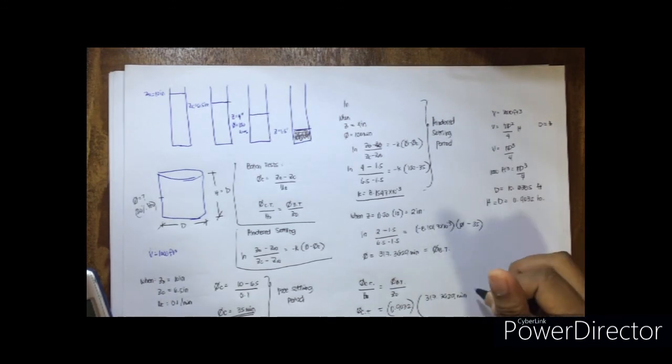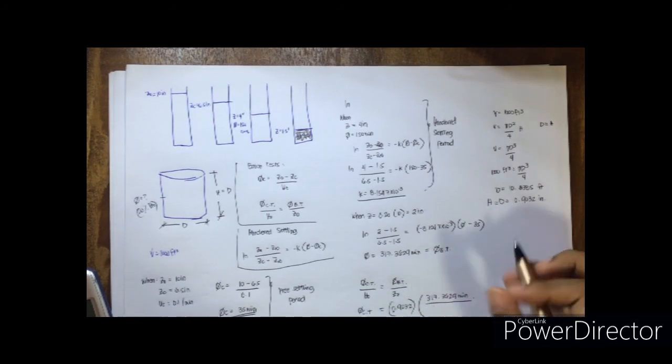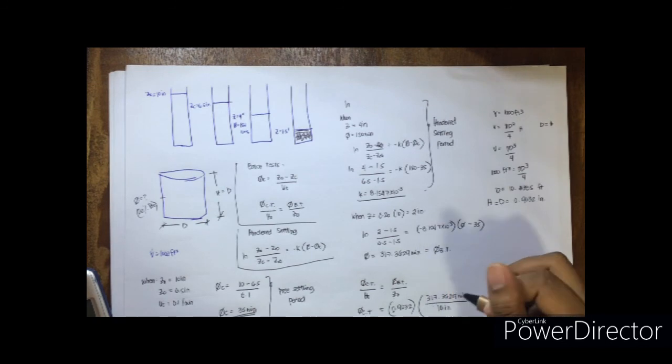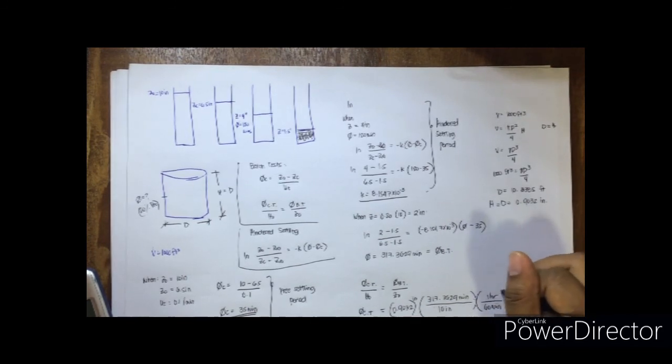So, let's make it in hours. Convert natin sa hours. Then, the original height dito sa batch test natin is 10 inches. Inches to. So, gawin lang natin doon in hours. So, 60 minutes, 1 hour.